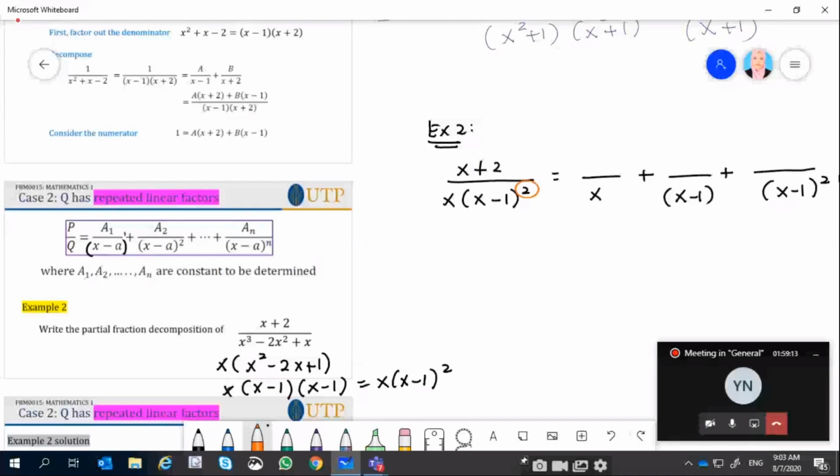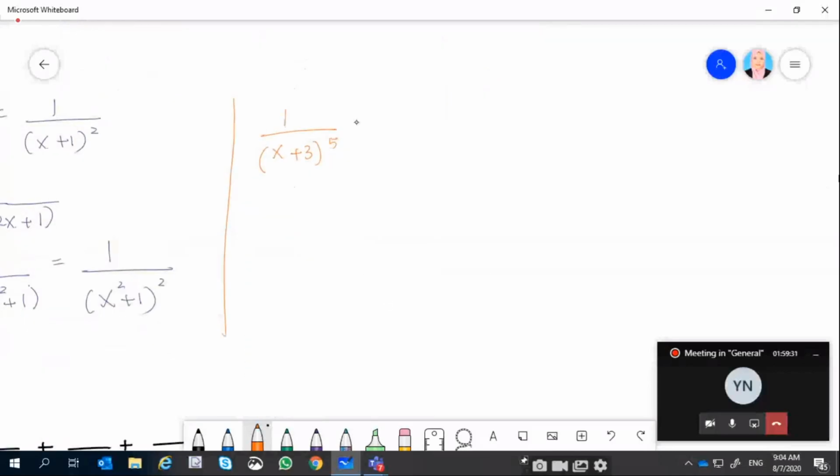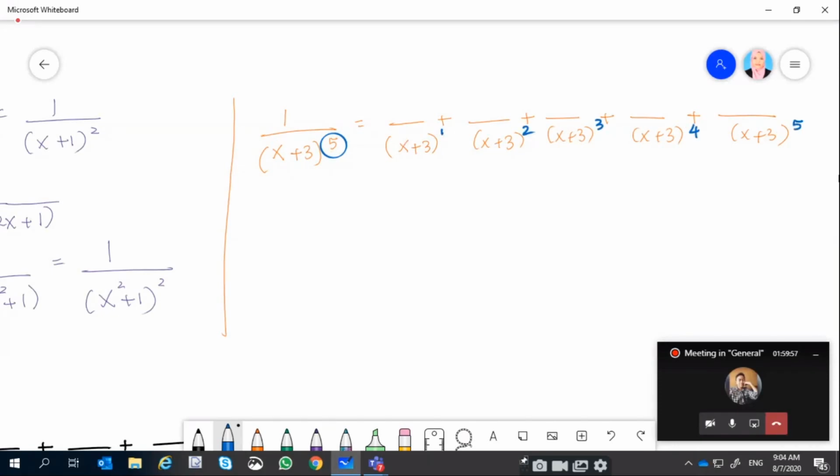If you have, let's say, 1 over (s plus 3) to the power of 5, you have to provide s plus 3, then (s plus 3) squared, (s plus 3) cubed, (s plus 3) to the power of 4, and so on up until n. Your n here is 5: 1, 2, 3, 4, and 5.